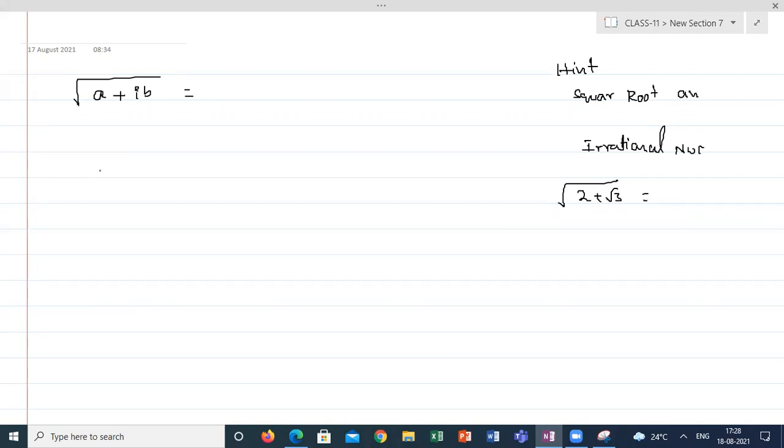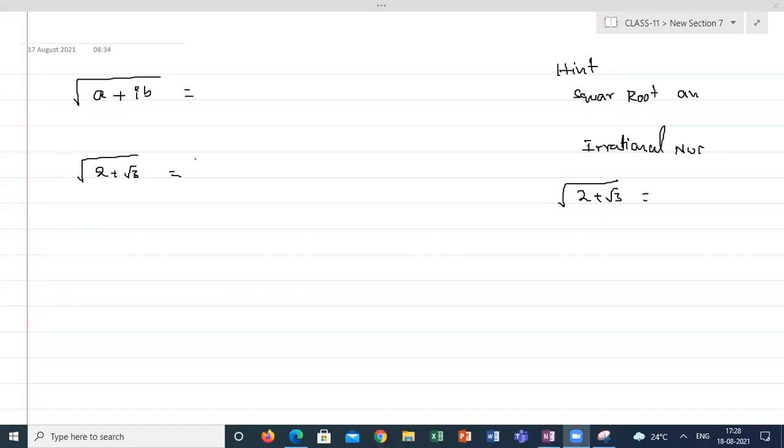If I am asking to find the square root of 2 plus root 3, how will you do it? Students, can anyone remember? Sarvesh, Srinidhi, Hansini, Kirtana, students, please respond. Arvind, Raghav. Sir, I don't remember. Does no one remember even?